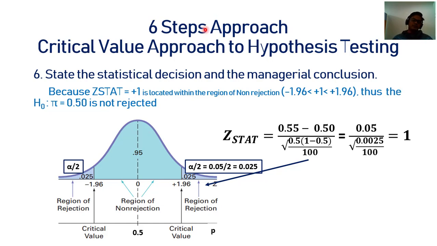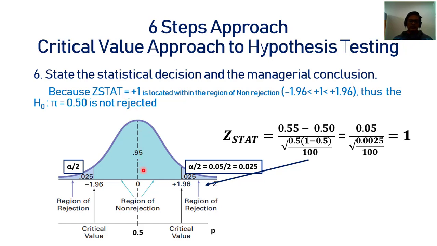Finally, we come to the sixth step. We state the statistical decision by comparing the z-stats value of the sample and the critical values which divide the rejection and the non-rejection region. Here, we see that the z-stat value of +1 is indeed located within the region of non-rejection.